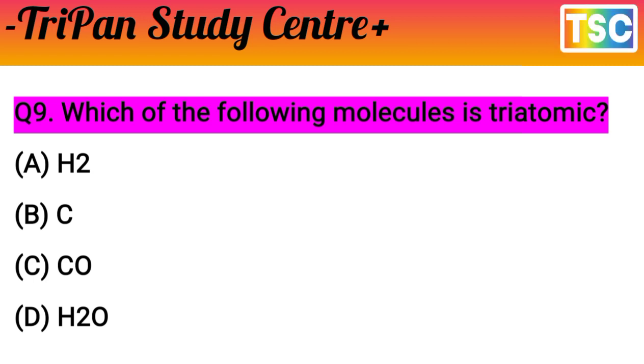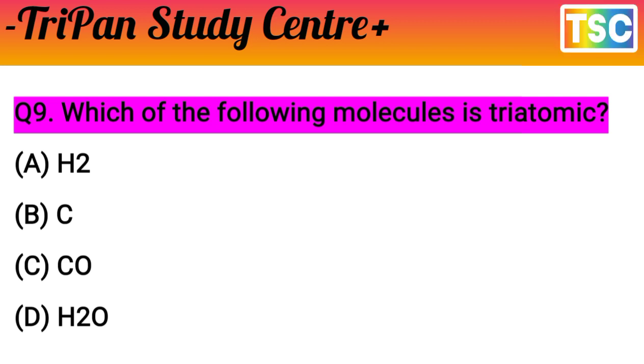Option A H2, option B O2, option C CO, option D H2O. You know that this question is very important and interesting, but one fact is important. H2O has two atoms of hydrogen and one atom of oxygen.